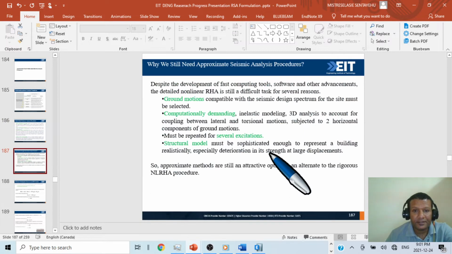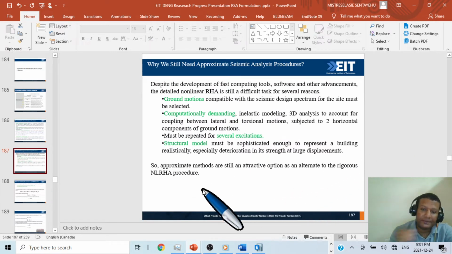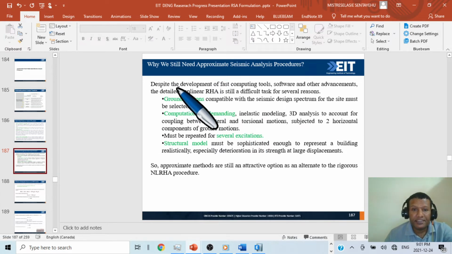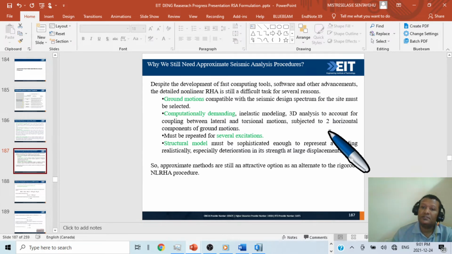So let's go here. Why do we still need an approximate seismic analysis procedure? Approximation means pushover. Despite the development of fast computing tools, software and other advancements, detailed nonlinear response history analysis is still a difficult task for several reasons.